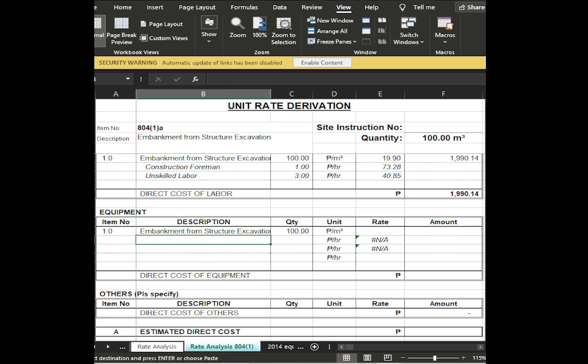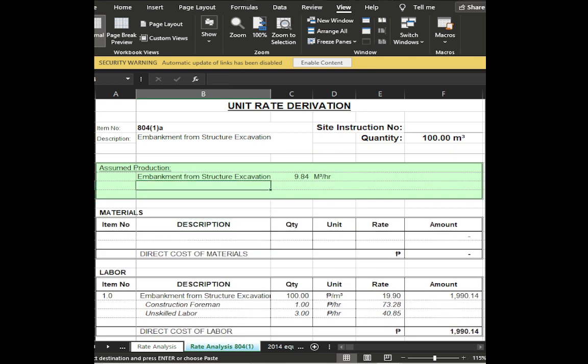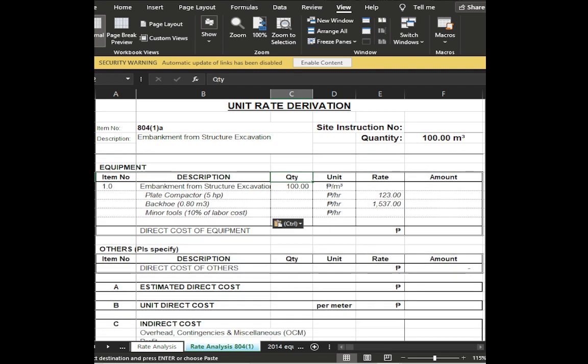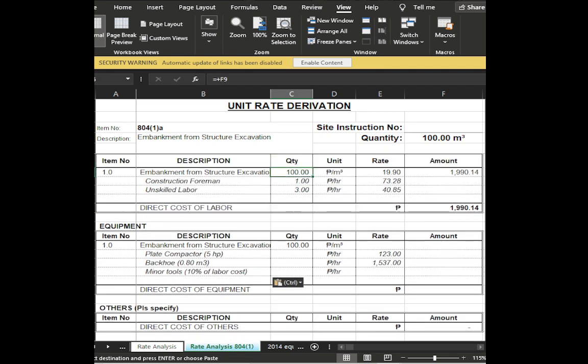So we need plate compactor, this one, guys, then the backhoe, then we have 10% again for the labor cost of minor tools. So just follow this. This is the equipment we will use so that we can get our assumed production of 9.84 cubic meter per hour. So just follow this one, guys.